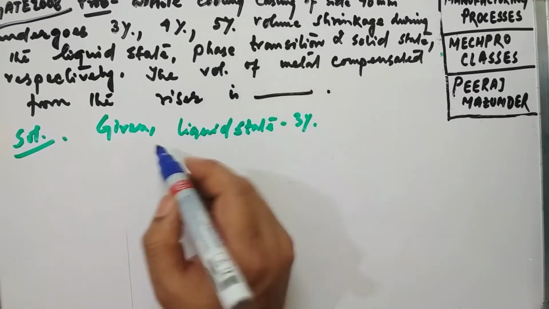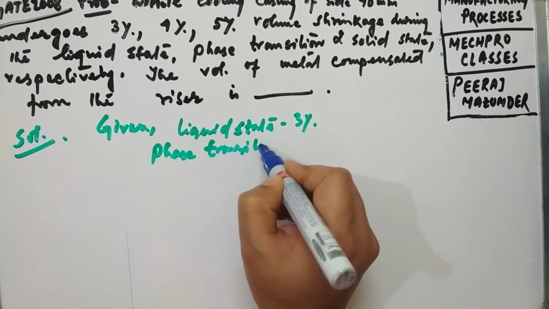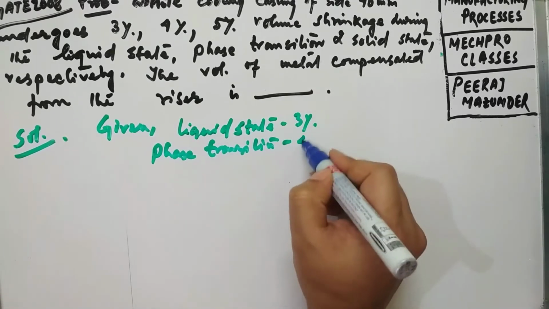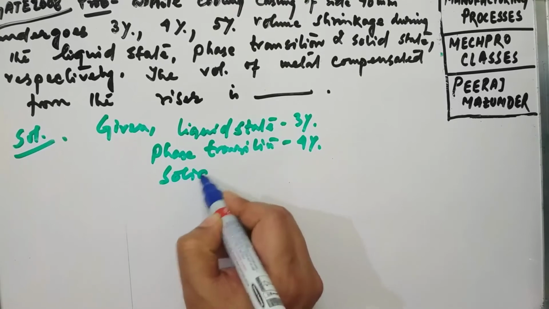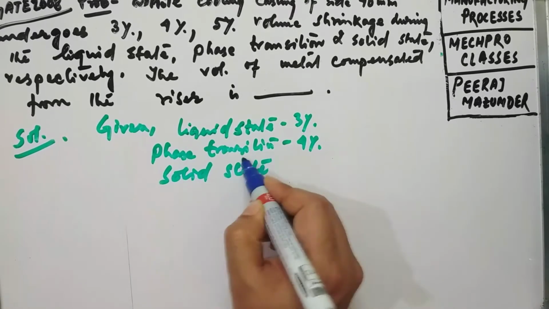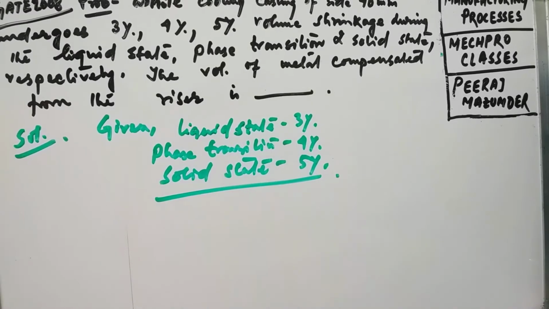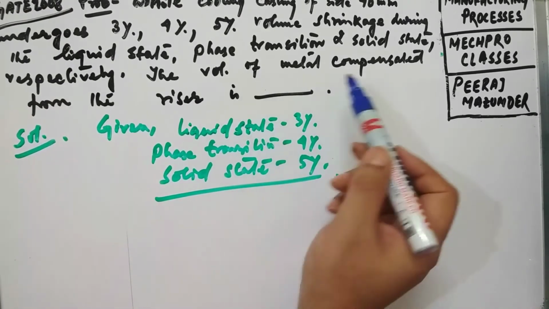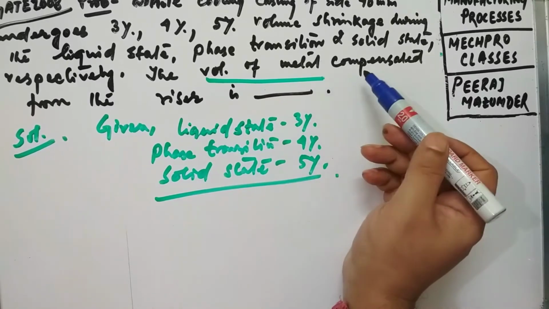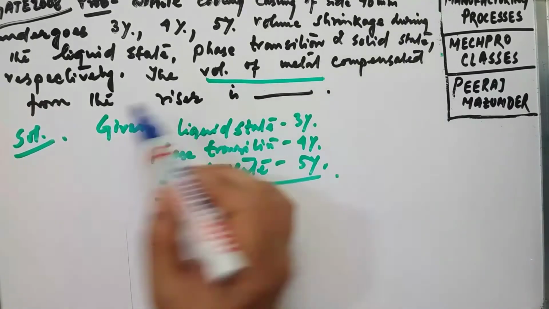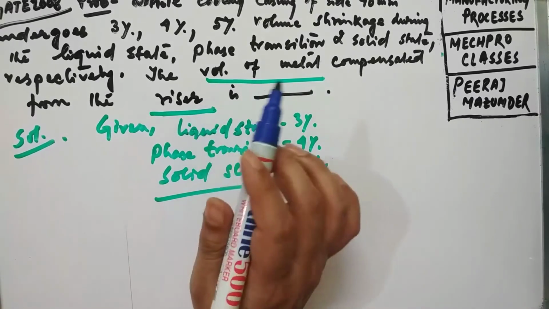In phase transition it is given as 4%, and for solid state it is given as 5%. Now the question asks for the volume of metal compensated from the riser. How much volume will be compensated by the riser only?